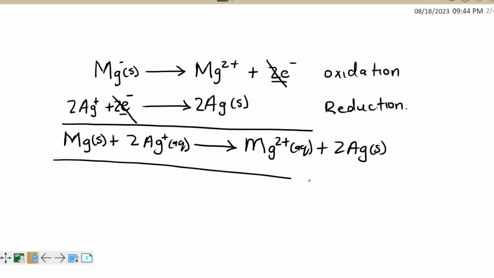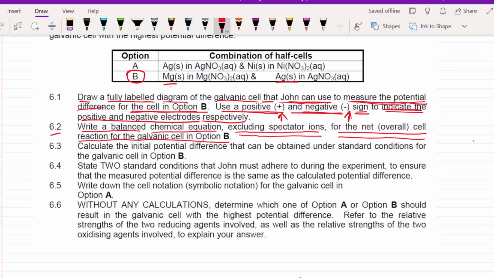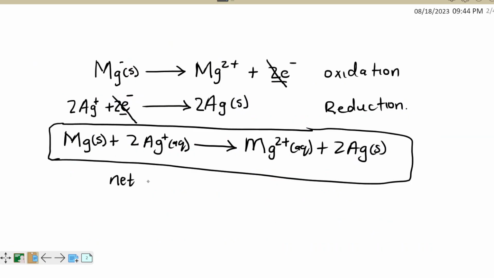We call this the net overall cell reaction. So this is what they were looking for, the net or overall cell reaction. This is how you write your overall net cell reaction. It's not a cell notation, it's an overall cell reaction. You ignore the spectator ions.